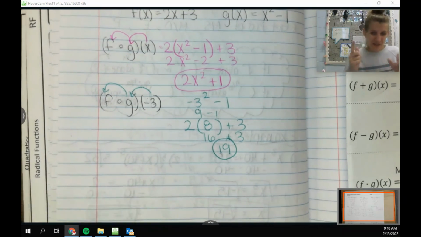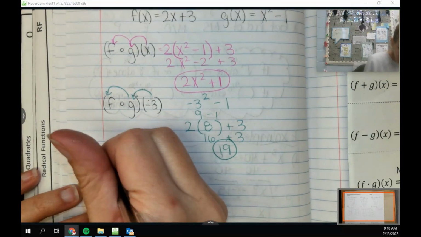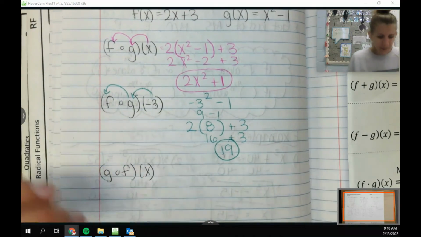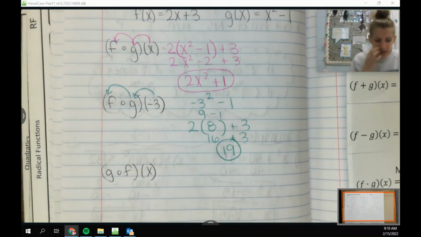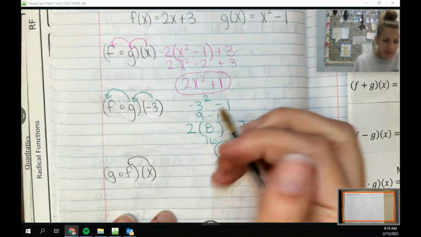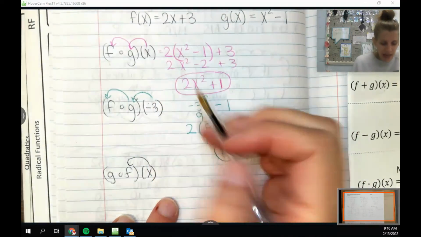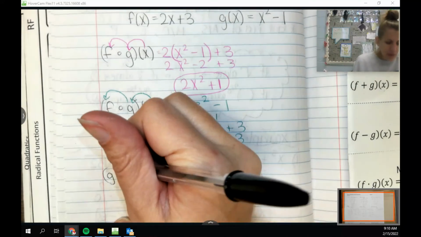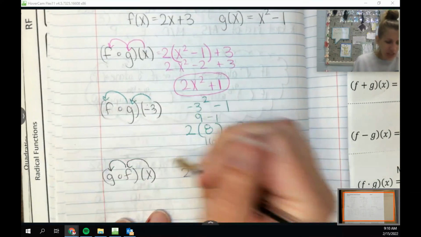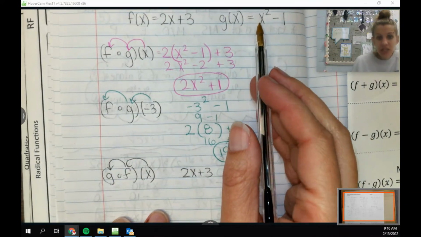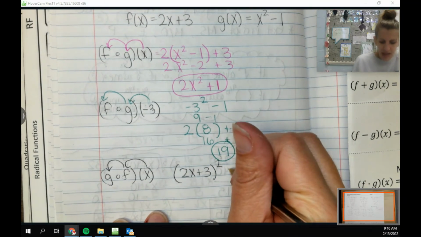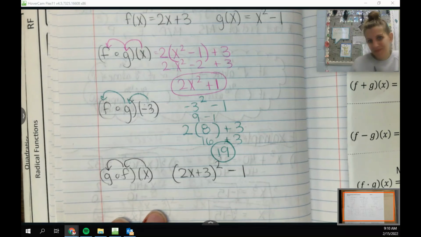And then we can reverse it. If I go g composed with f of x, okay, so I just swap the order. x is going to go into f. So when I put x into f, it already looks like this, 2x plus 3. But then I need to take that and put it into g. And what g does is square stuff and then subtract 1.